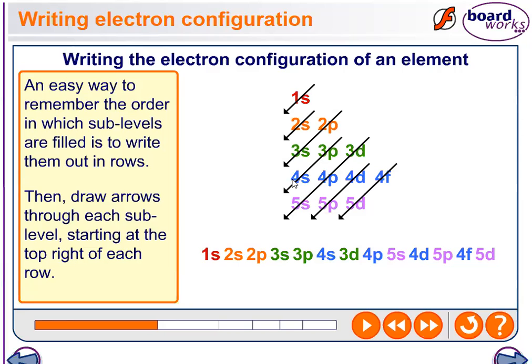So it is better for electrons to occupy 4s before they occupy 3d. So 1s, 2s, 2p, 3s, 3p, 4s and back to 3d, then 4p, 5s is less energy than 4d, and so on. So you need to know how to make this.